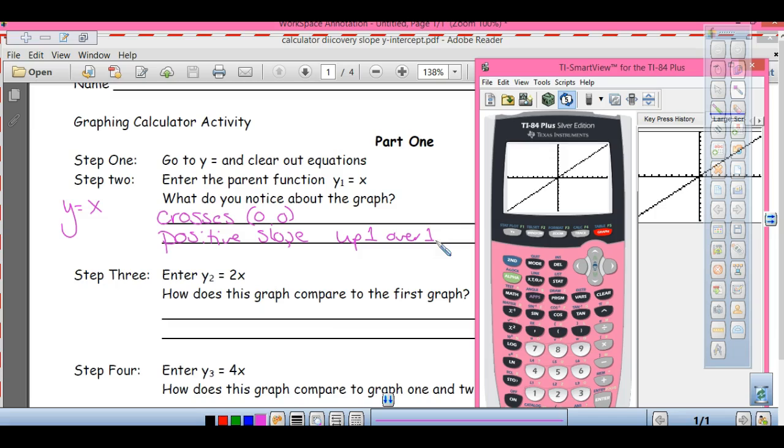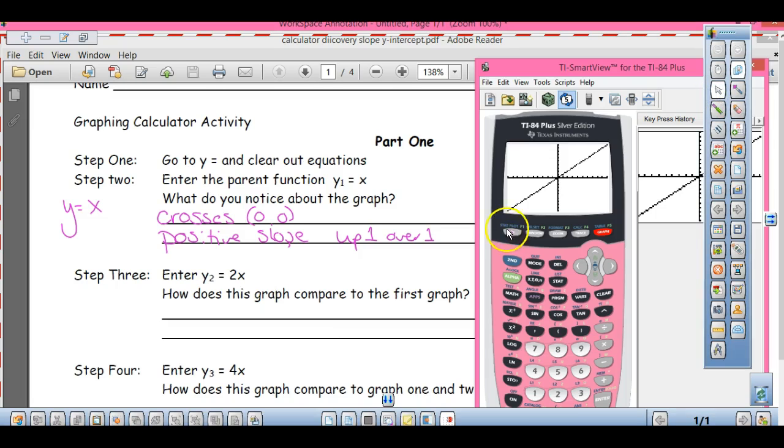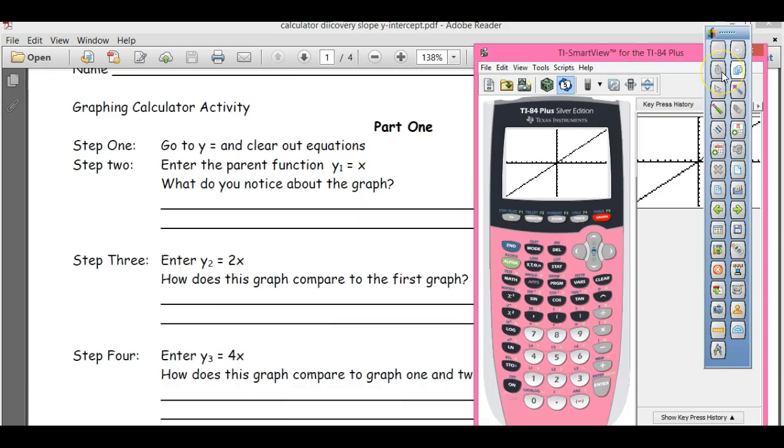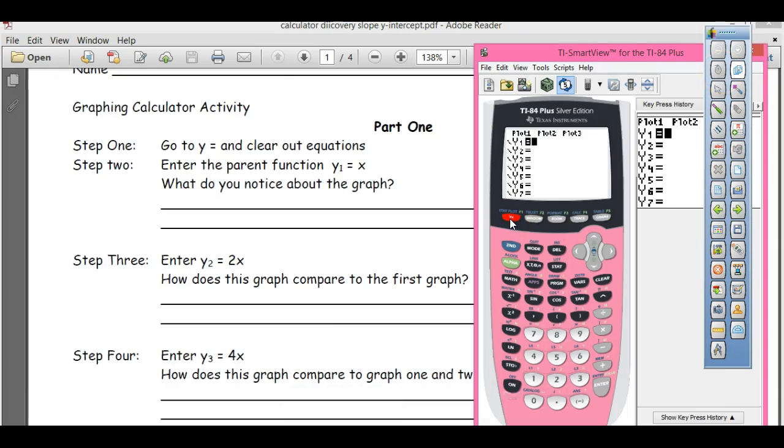So now in y2, it wants 2x. So go back to y equals. Now, in y1, leave y1 equals x, go down.